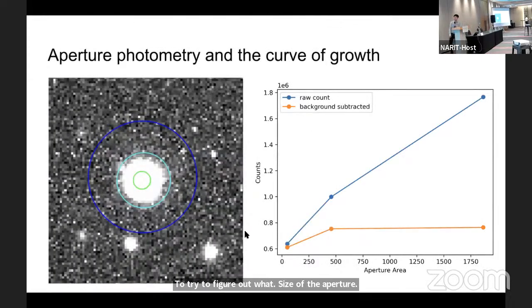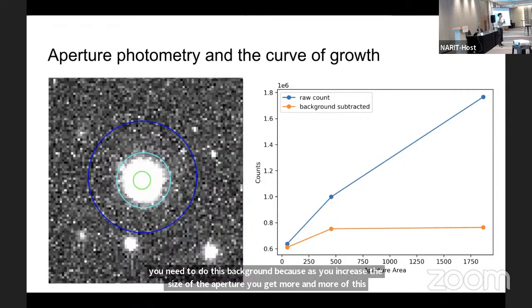This is an example that I did quickly in DS9 as promised. This is an image. You can see the star here, and I drew three different apertures with some background annulus far away. The top curve labeled raw count demonstrates why you need to do background subtraction, because as you increase the size of the aperture, you get more and more of this background light.